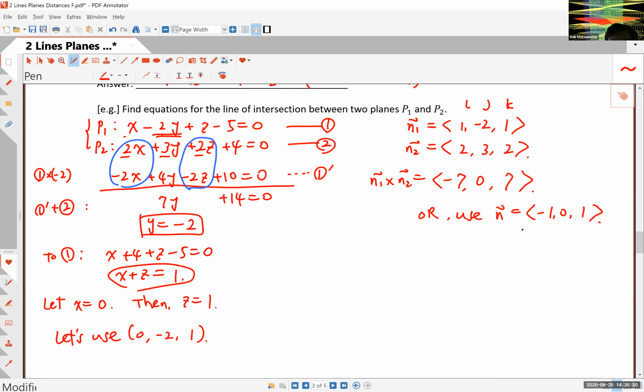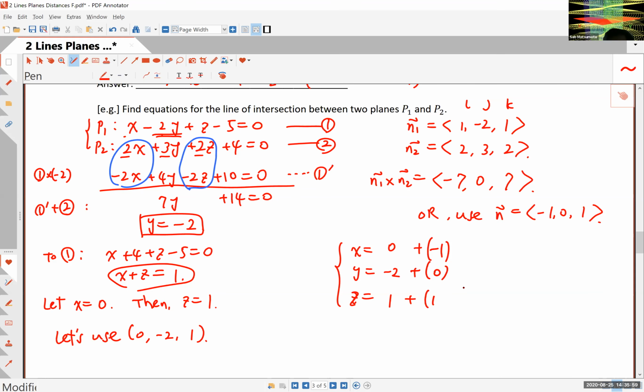Now I have a line that goes through the point. So the line whose parametric equations x, y, z are 0, -2, 1, plus -1, 0, 1 times t.